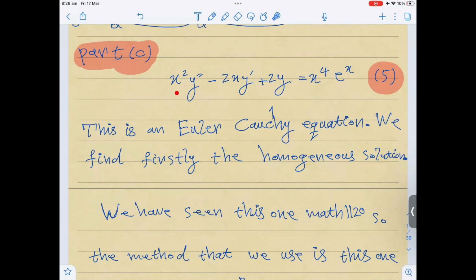But right now, we don't divide it by x squared. This is called the Euler-Cauchy equation because the degree of the coefficient polynomial is compatible with the order of the derivative. You see here, and you have seen a similar question in one of the workshops in Math2800.